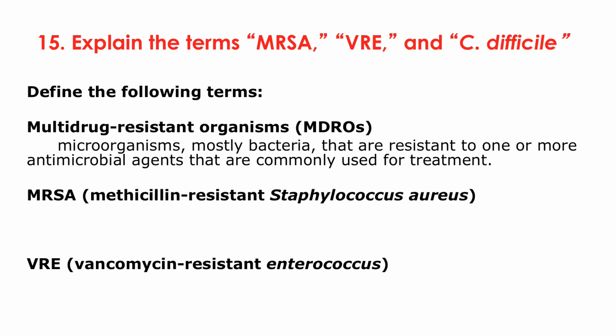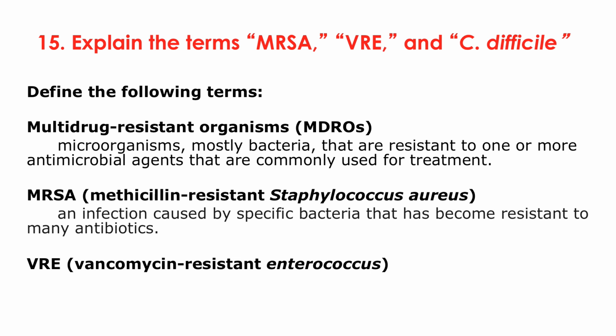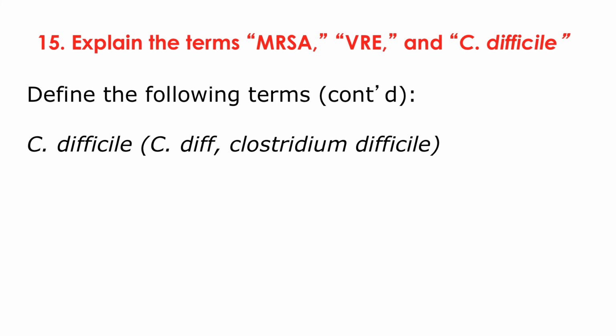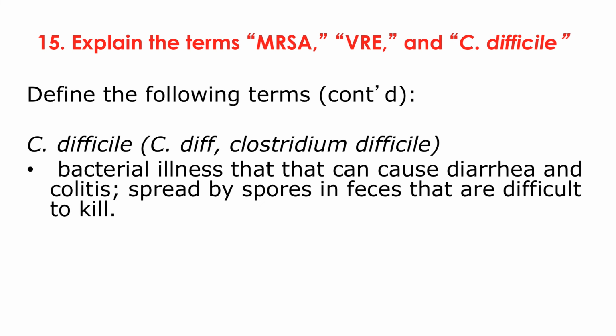MRSA is an infection caused by a specific bacteria that has become resistant to many antibiotics. VRE, on the other hand, is a bacteria that has developed resistance to antibiotics as a result of being exposed to vancomycin. C. diff, on the other hand, is a bacterial illness that can cause diarrhea and colitis, spread by spores in the feces that are difficult to kill.